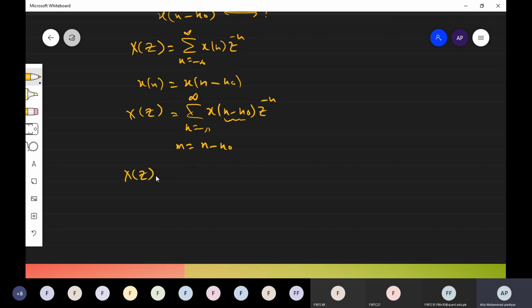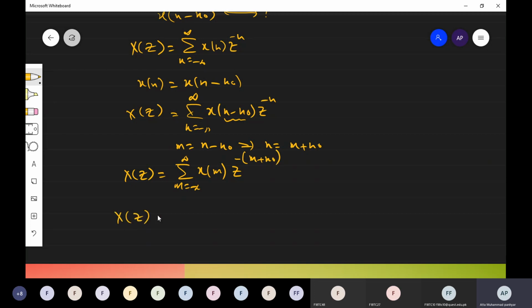Then the sum runs over m from minus infinity to infinity, because if you put infinity here, infinity minus n naught is again infinity, and n naught plus infinity is also infinity. So this is x of m z power. Now from here n must be equal to m plus n naught, right? So overall we get m plus n naught.